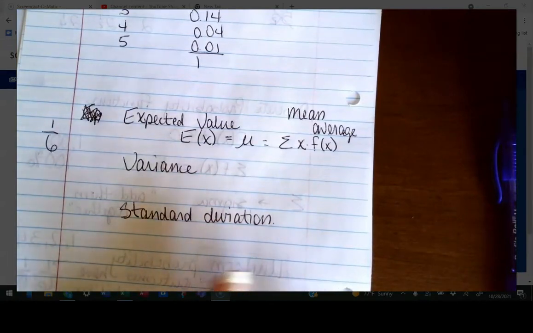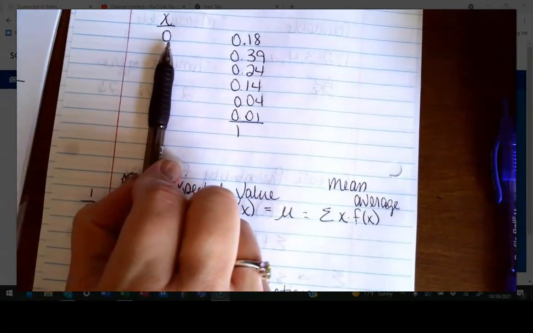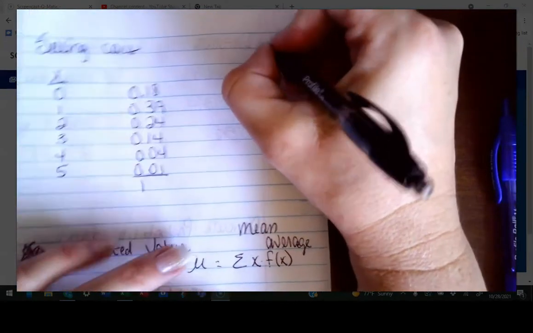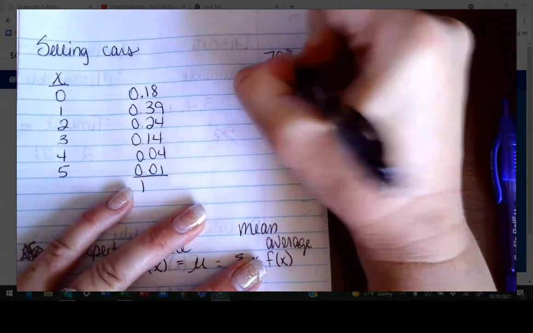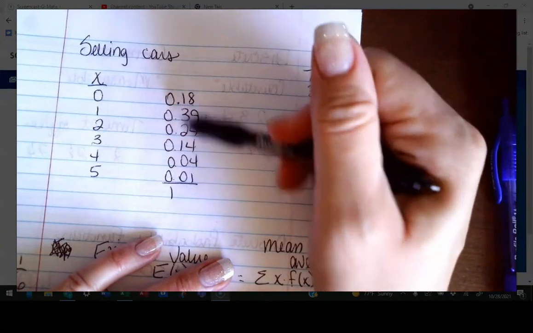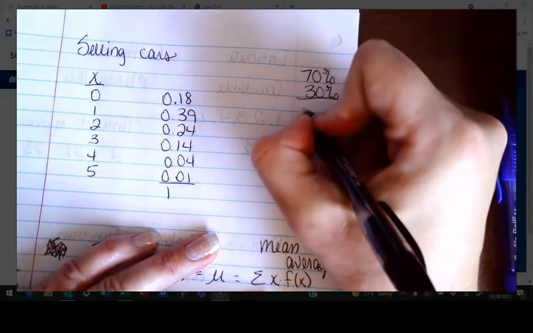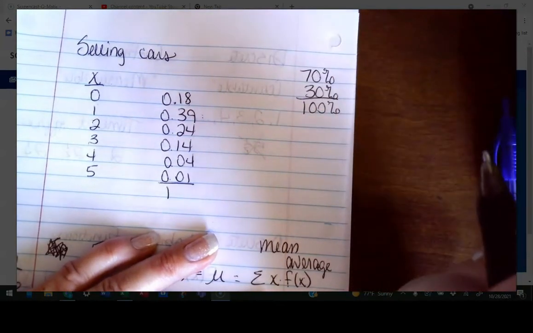Now let's go back to your grades for a second. We have this set up as a quantity of cars, but let's say that your grade breakdown is 70% for exams and 30% for homework. Do you agree that those are different probabilities? Those are different weights, but that still adds up to 100%.